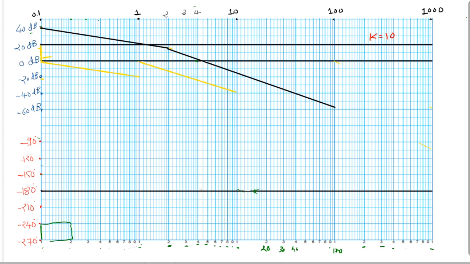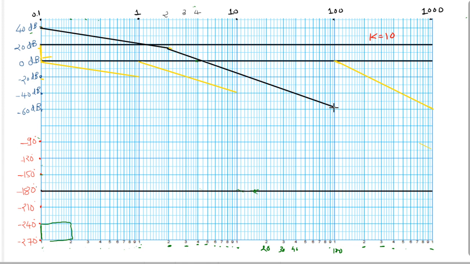Now minus 60 decibel per decade. I am drawing this minus 60. If there are 3 blocks, that is minus 60. I am drawing exactly parallel to this yellow line, minus 60 decibel per decade, from 100 to 1000.